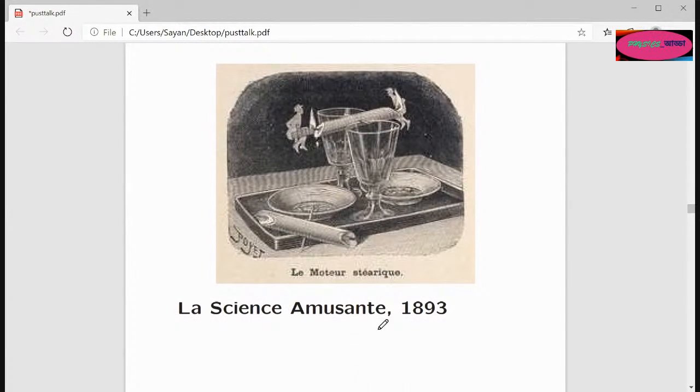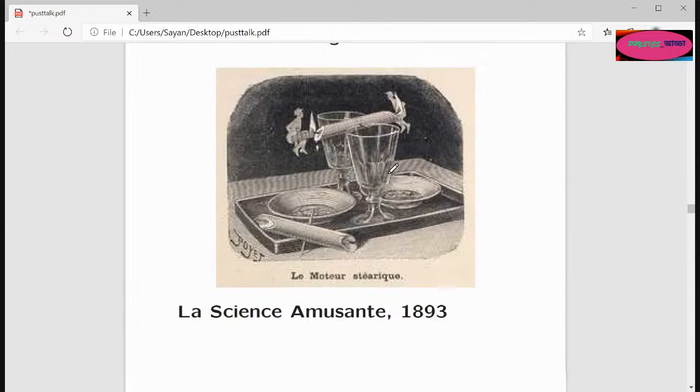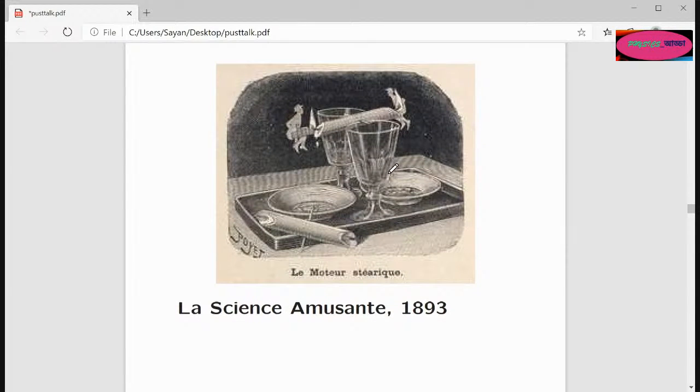And this was there in a French magazine in 1893, La Science Amusante, where what you see is if you take a candle and you prop it up at its center of mass, like this over here, and you light both ends, a remarkable thing happens. There is an oscillation of the candle, and it persists and it grows.